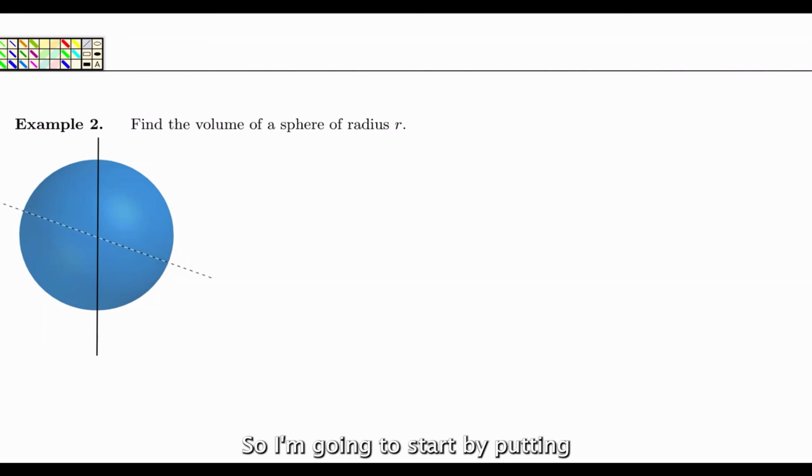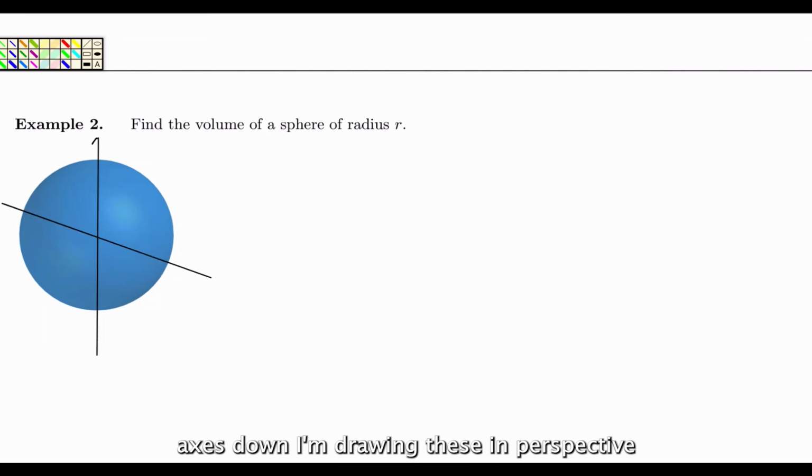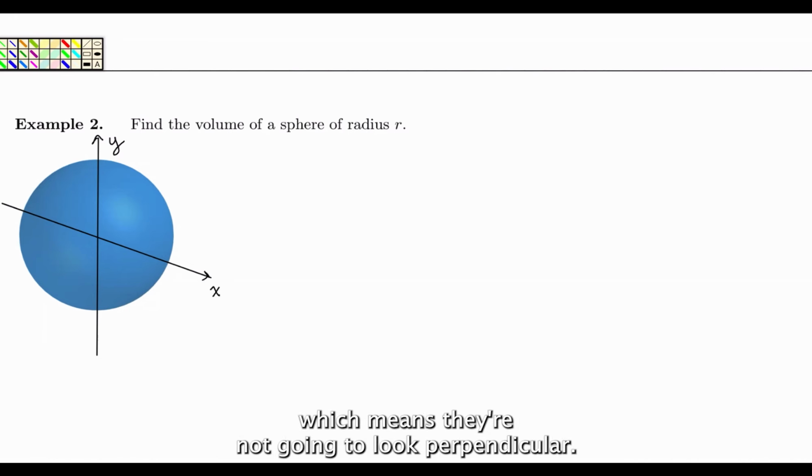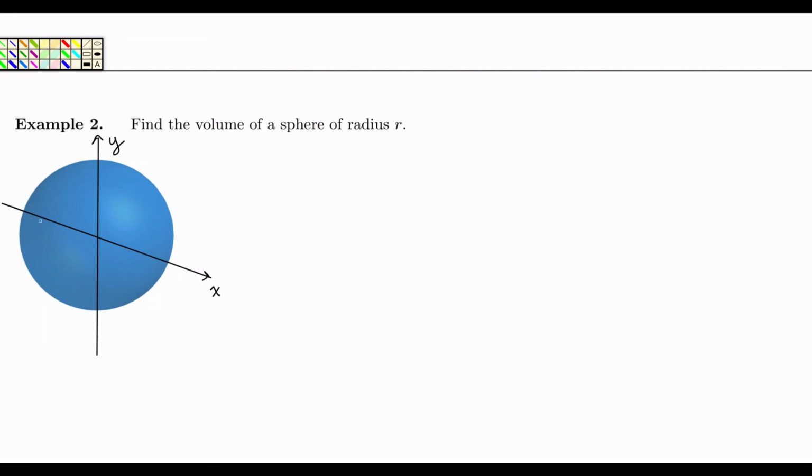So I'm going to start by putting axes down. I'm drawing these in perspective, which means they're not going to look perpendicular. And I'm going to make some of these disappear.